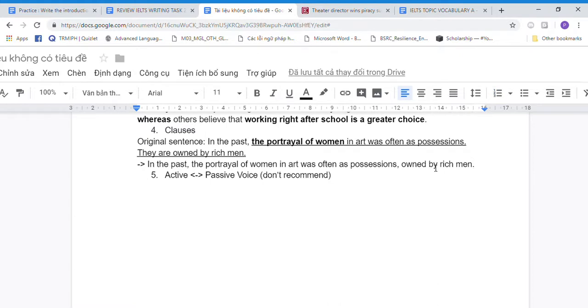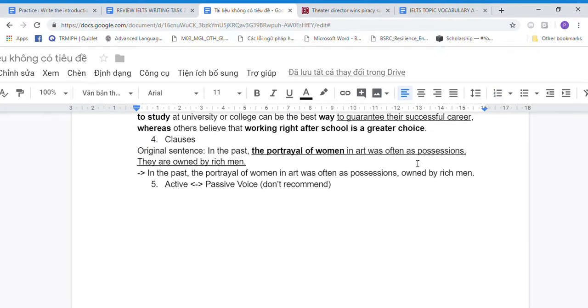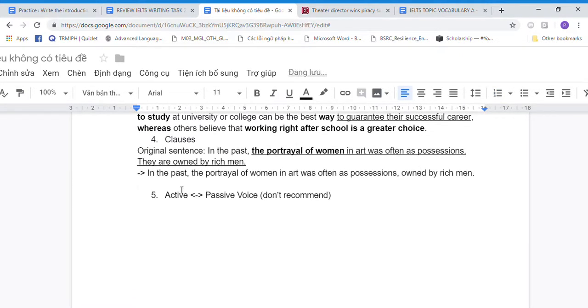Talking about clauses, I think I'll have to mention types of sentence, which is really helpful.